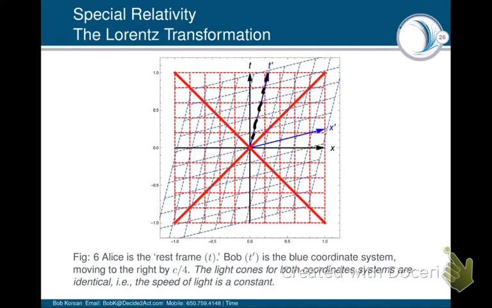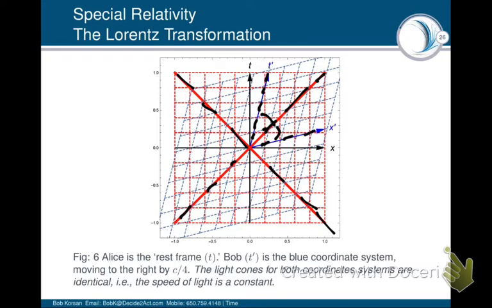In the other case, the angle along here and here are the same, and so this is the x prime coordinate, or Bob's x prime coordinates. And the red light cones are shown here.